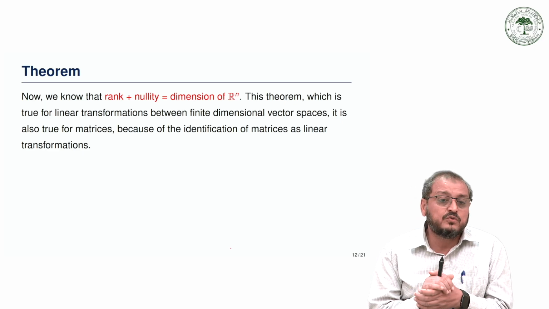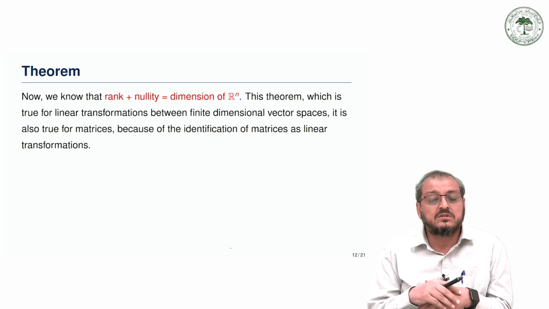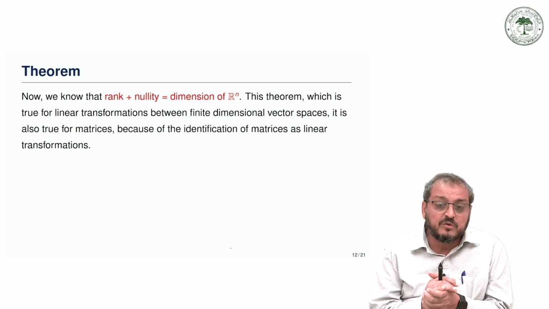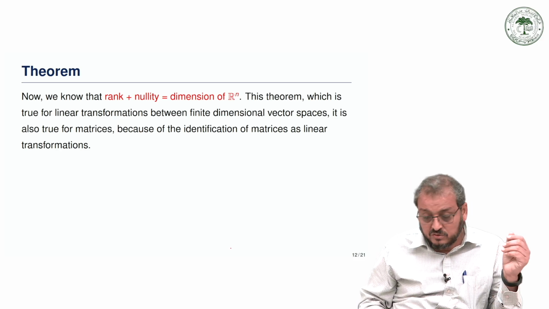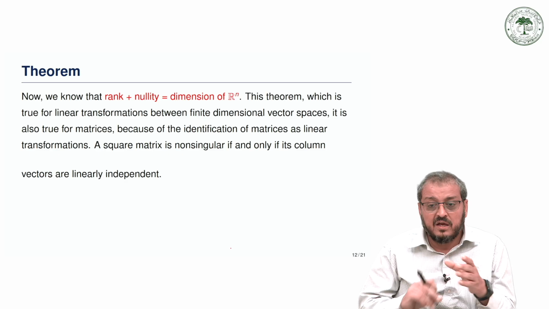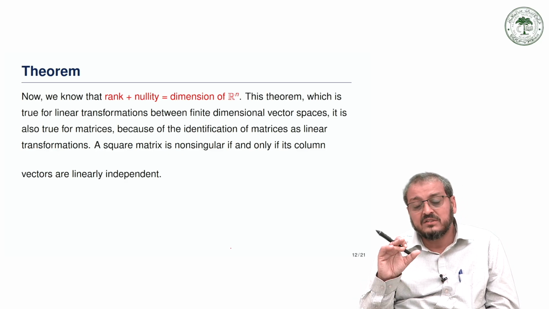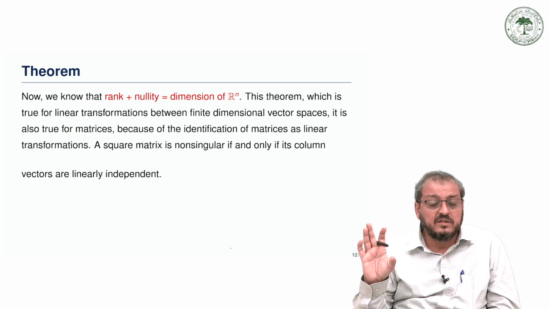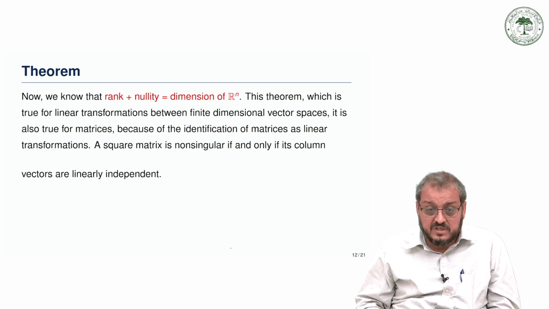It is also true for matrices because of the identification of the matrix as a linear transformation. We already know that a square matrix is non-singular if and only if its column vectors are linearly independent.